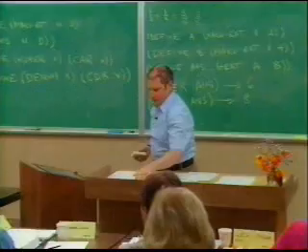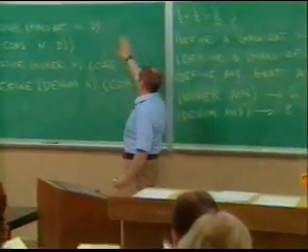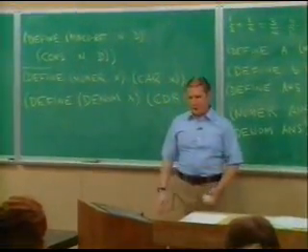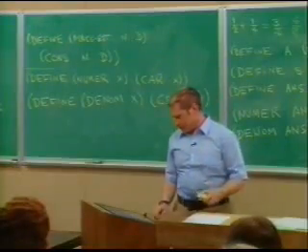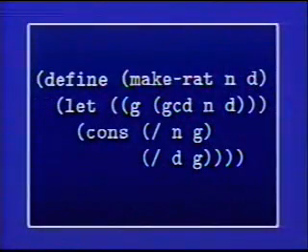And what I mean is, wouldn't it be better for George, instead of using this version of make-rat, to use this one on the slide, where instead of just saying cons together n and d, you compute the greatest common divisor of n and d, and GCD is a procedure which, for all we care, is a primitive, which computes the greatest common divisor of two numbers. So the way I can construct a rational number is get the greatest common divisor of the two numbers, and I'm going to call that g.